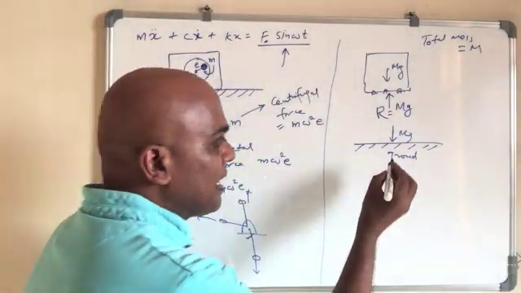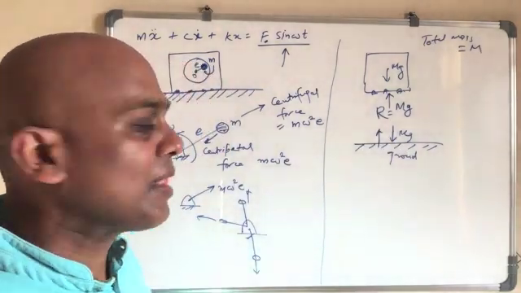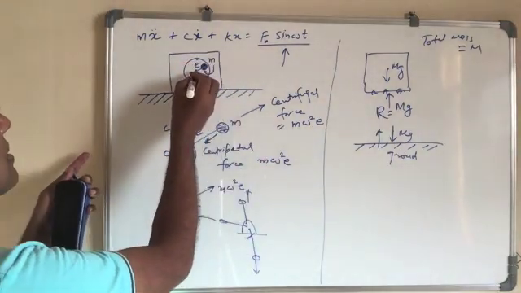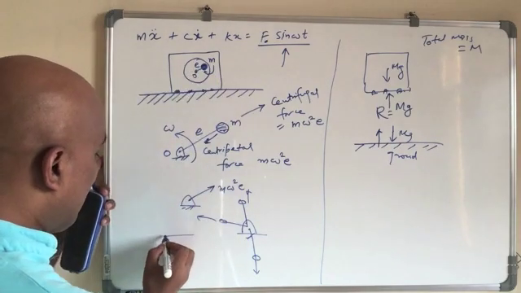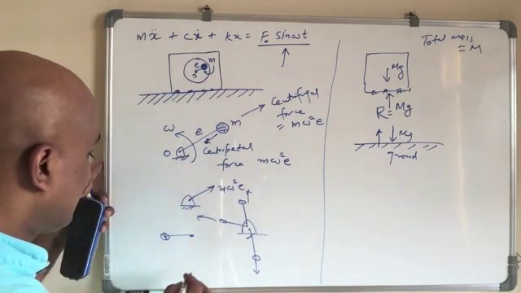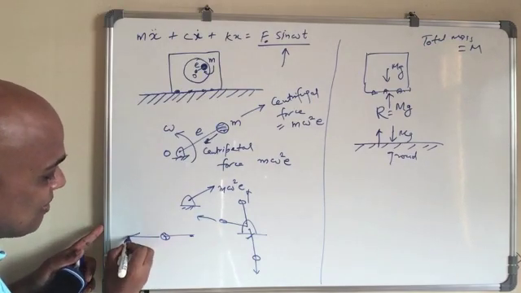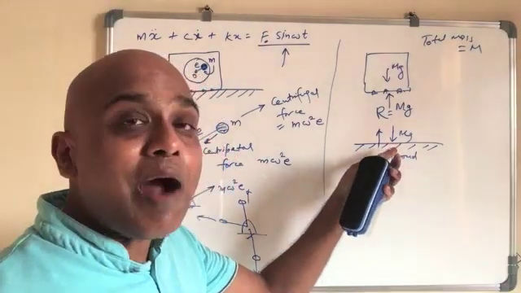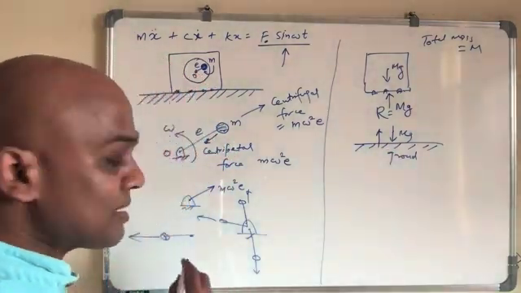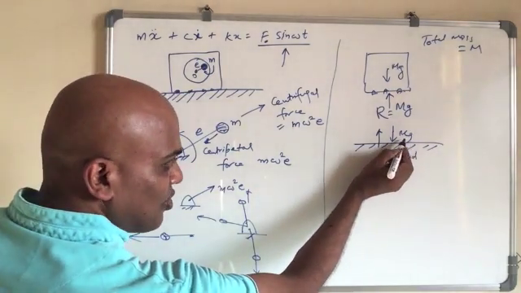Hence, ground will also feel some upward force like this. If this unbalanced mass is here, rotating like this one, the centrifugal force will be this way, and hence the ground also will feel some force this way.